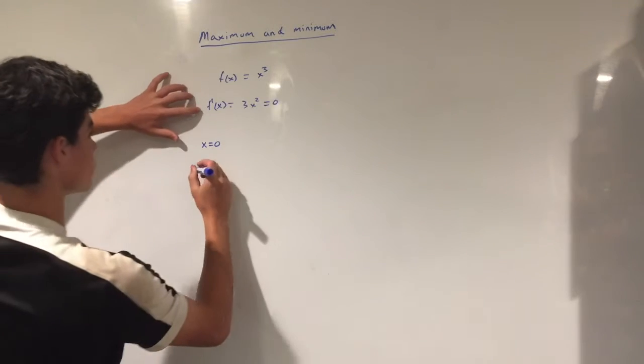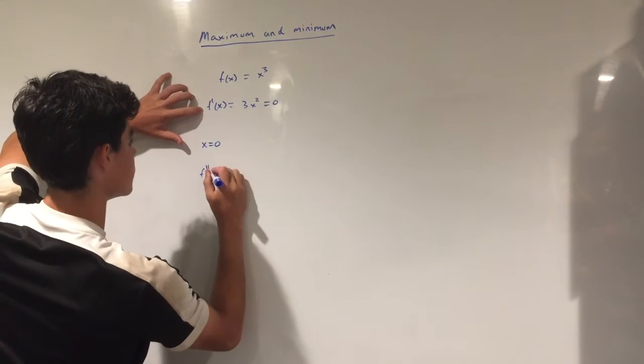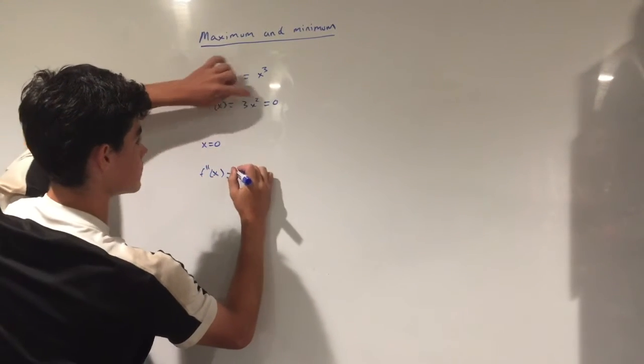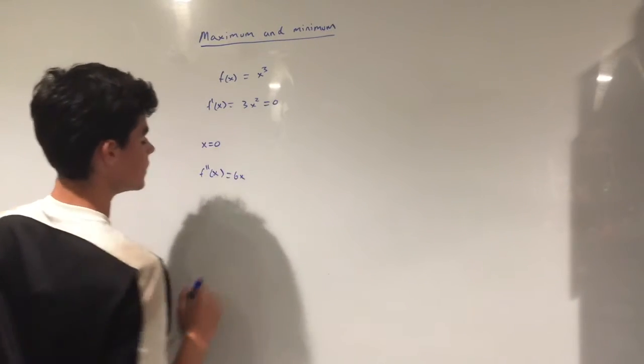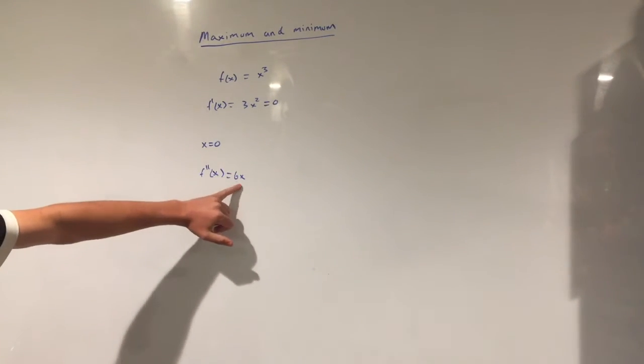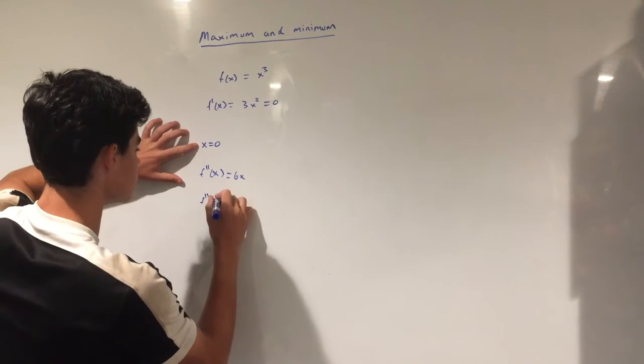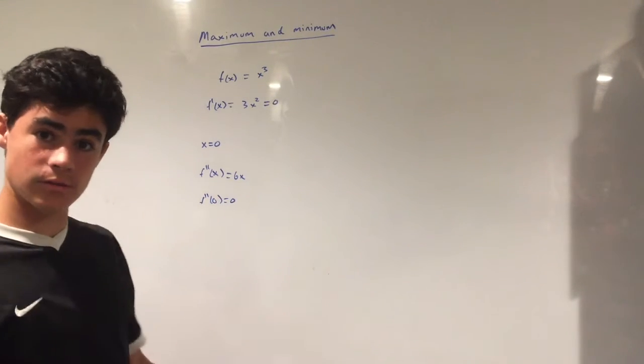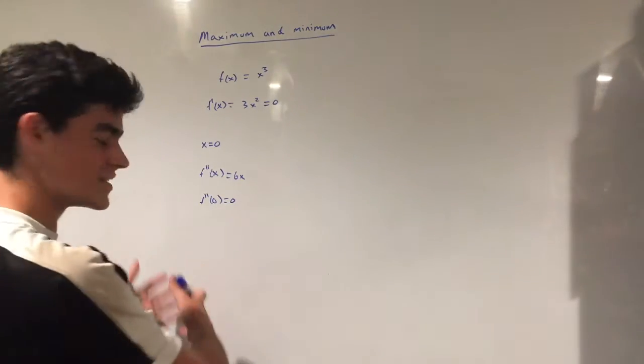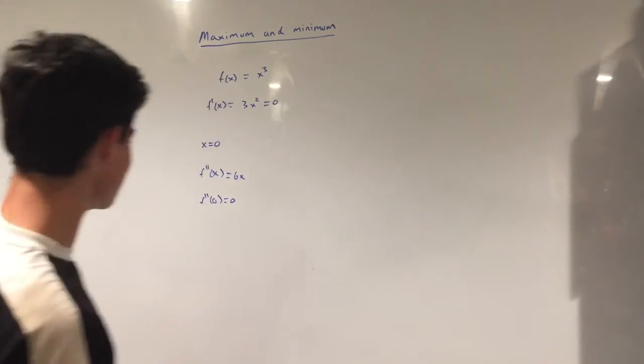But when we take that second derivative, f double prime of x is equal to another power rule, 6x. So now when we plug in 0 for x, f double prime of 0, our second derivative, is 0. So that implies that it's not positive or negative for the concavity.